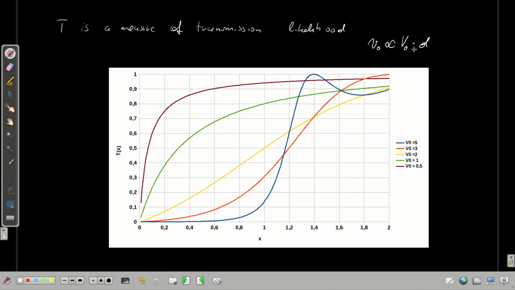So again, to sum up, the message here is that the probability that the particle will go through the potential energy barrier, despite that its energy is lower than the barrier value, is not zero, and the transmission coefficient increases with decreasing width of the potential energy barrier.